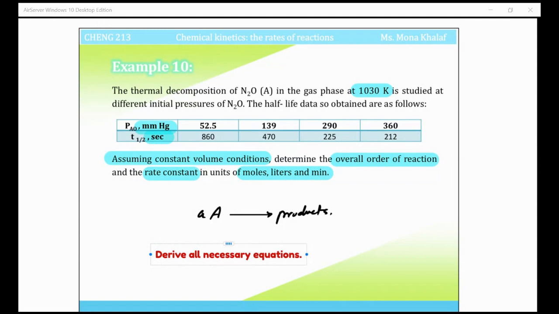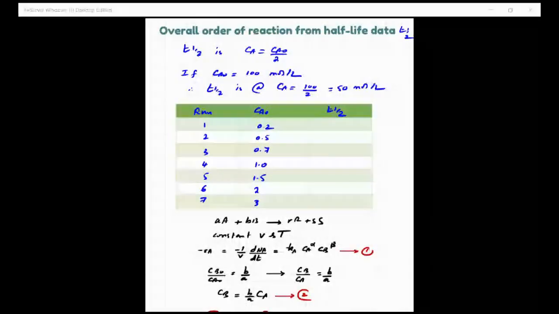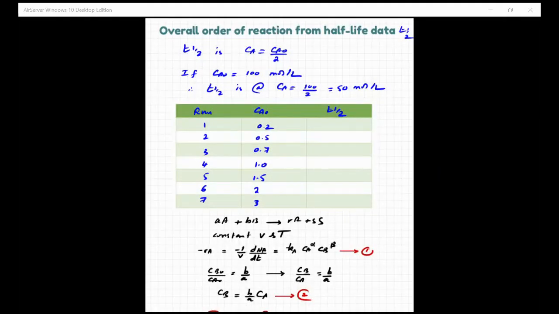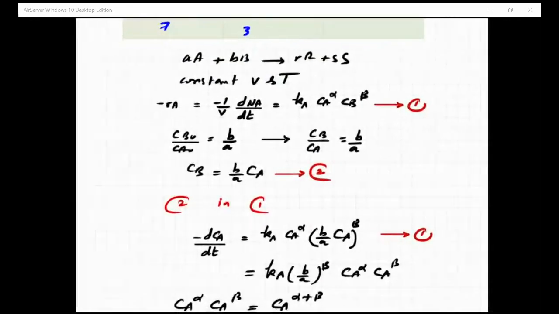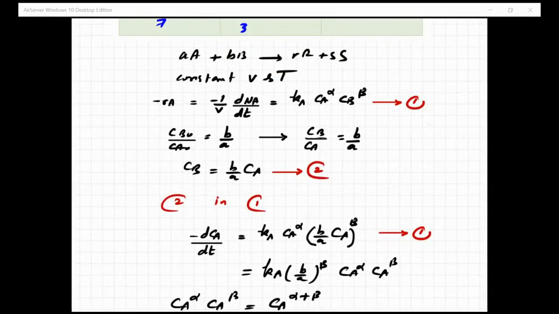See here, when I started the derivation, I said a of A plus b of B. That was my reaction, so I started with k CA to the alpha, CB to the beta, and then got the relation between CA and CB.